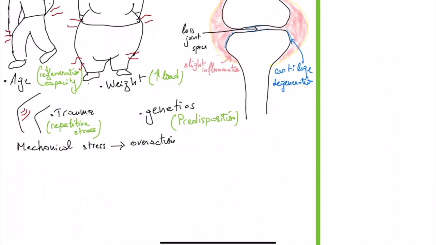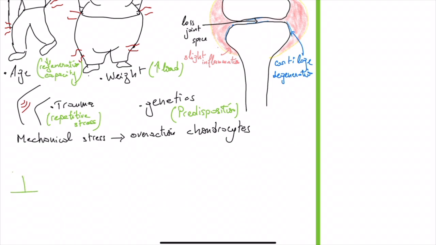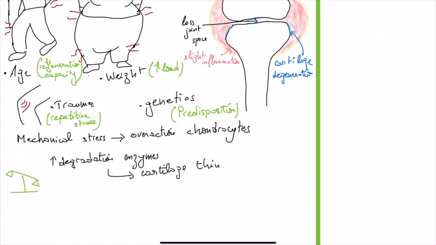All these things add up to the mechanical stress on the joint, which causes an overactivation of the chondrocytes, the cells that maintain healthy cartilage. When these cells are overactive, there's an imbalance. The breakdown enzymes, such as matrix metalloproteinases, become more active than the repair components, leading to a thinning of the cartilage as the damaged tissue is being broken down faster than it is being replaced.